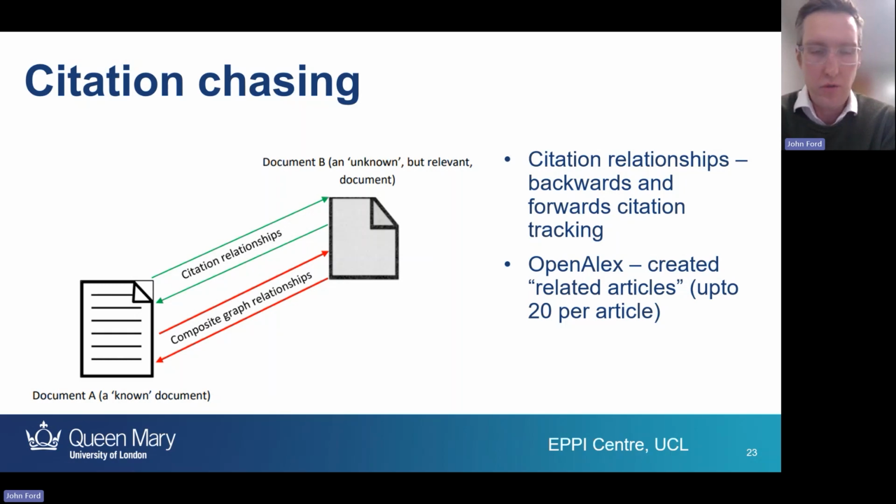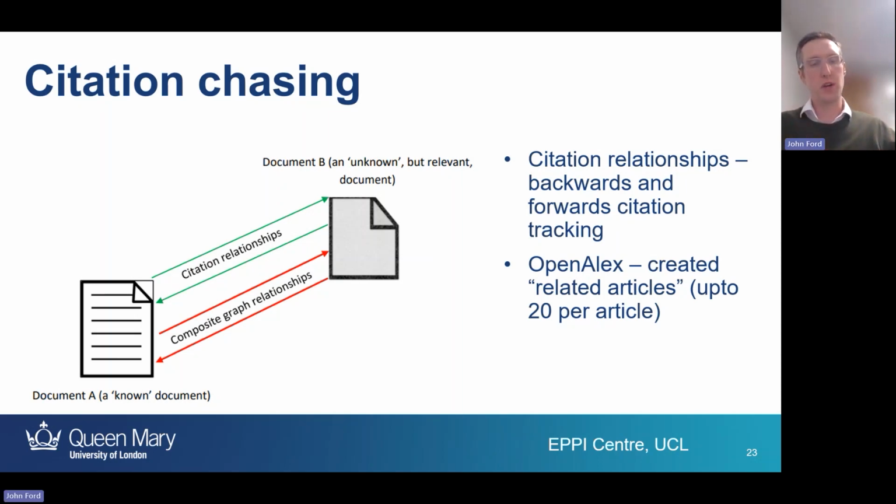Any of you who've used Research Rabbit will have played around with this kind of method of citation tracking and related articles. Research Rabbit is another software that does that for you. If you've got a set of articles which you're interested in, you can plug them into Research Rabbit, and it'll show you all the associated articles, both in terms of citation, but also in terms of similar topics and similar authors.